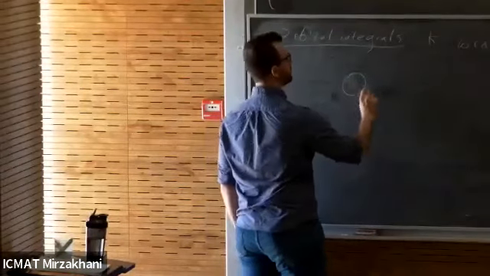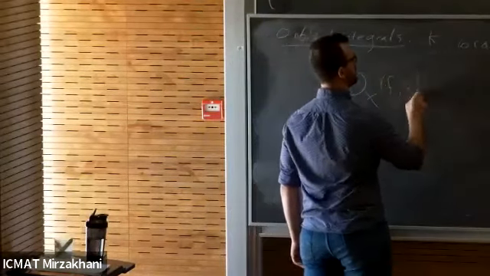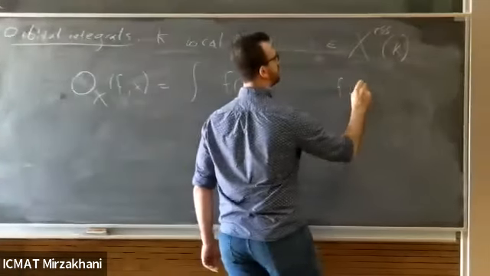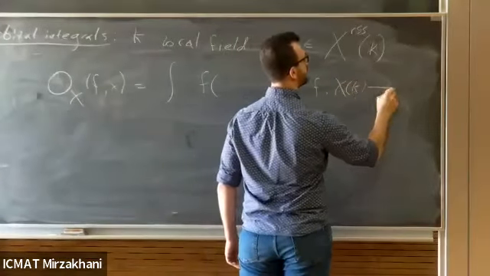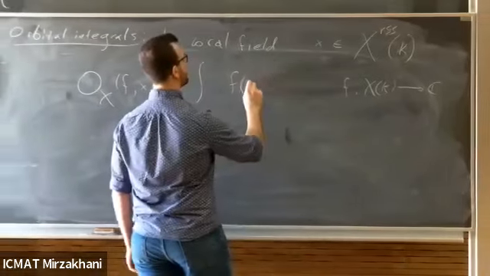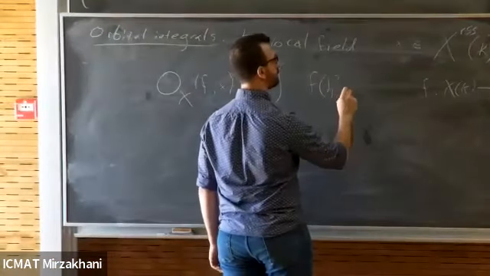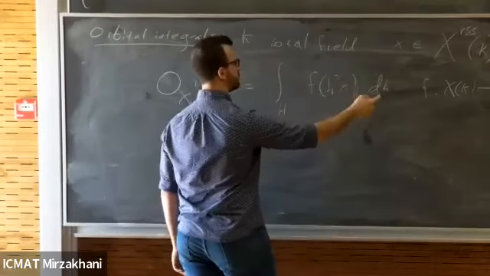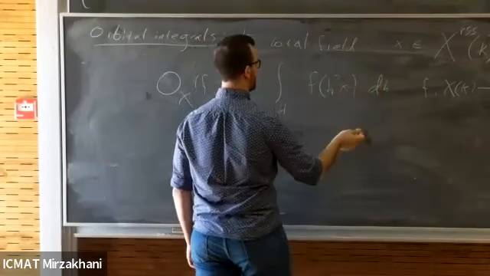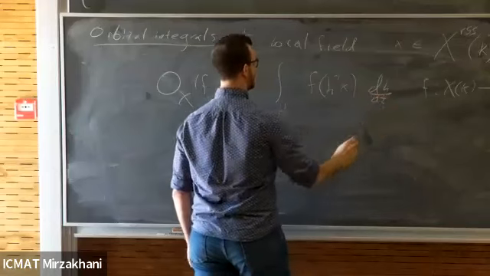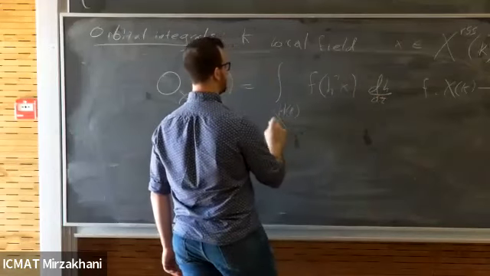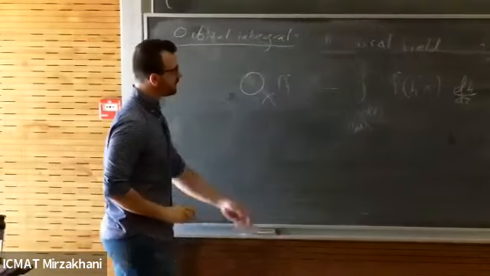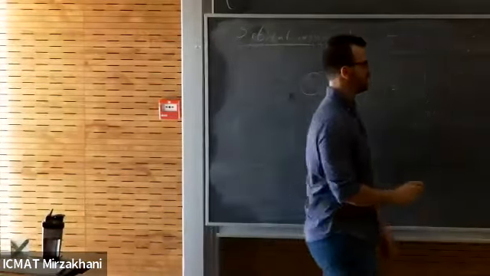And so this orbital integral is just standard: I take some test function f on my variety, and I just integrate over the orbit for some choice of measure here. Doesn't matter. Where H_x is the stabilizer.